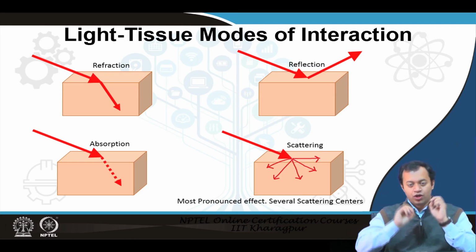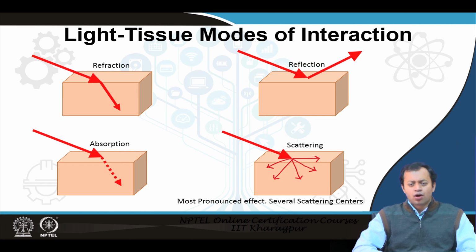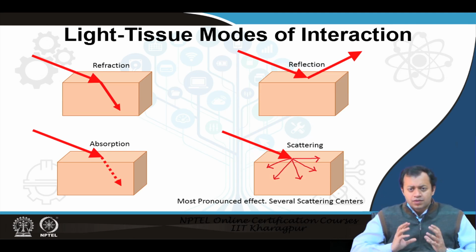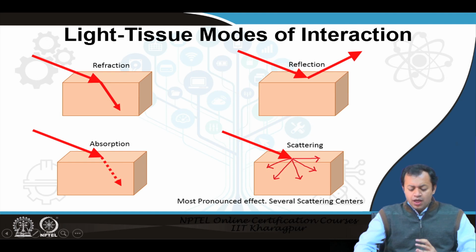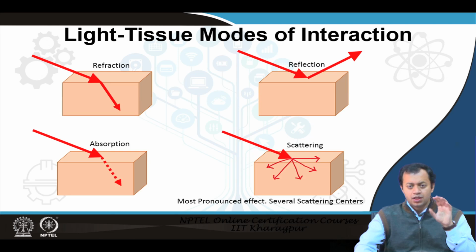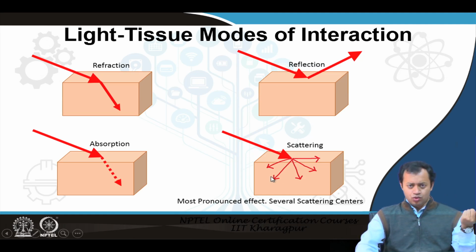Each cell will have its own different cell organelles, centers which have the capacity to scatter light, and therefore the most pronounced light interaction that you see in tissue, the most pronounced optical mode that you will face while you are looking at a tissue, either under a microscope or any other light-based characterization method, is that you will encounter scattering mostly. All right.